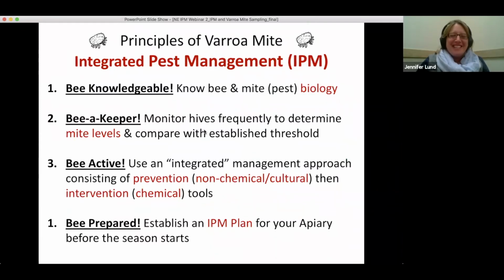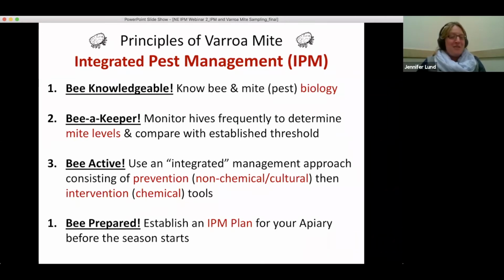So really when it comes to principles of Varroa mite integrated pest management, it is really being knowledgeable. Know bee and mite pest biology, so understanding the biology. Be a keeper, so monitor your hives frequently to determine mite levels and compare with established thresholds.